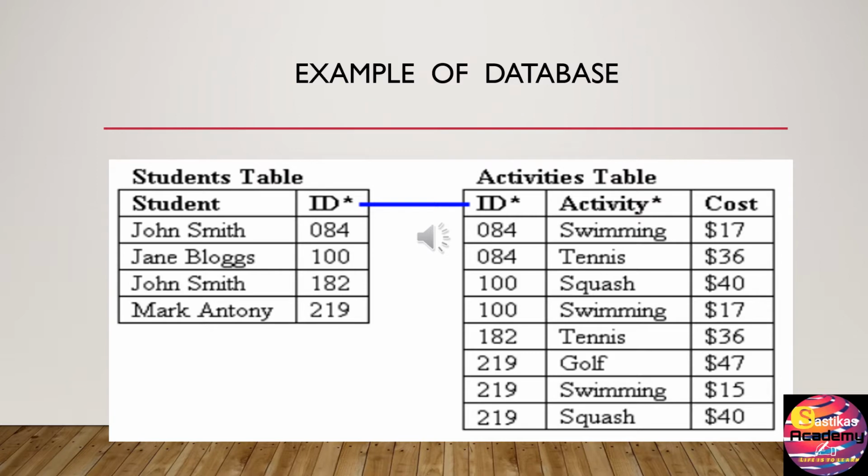A primary key is the field whose data is unique; here ID is considered the primary key, so the ID field appears in all the other tables. That is a relationship among the tables.